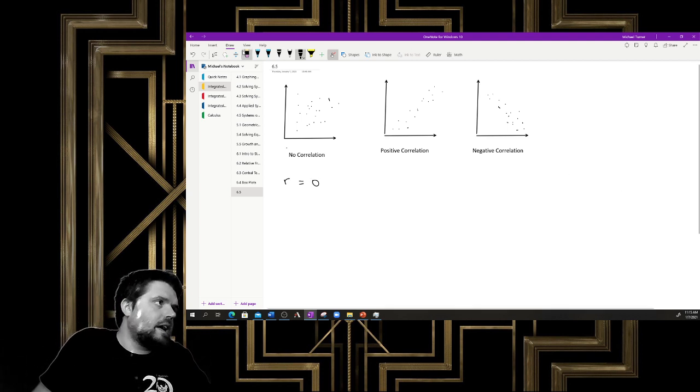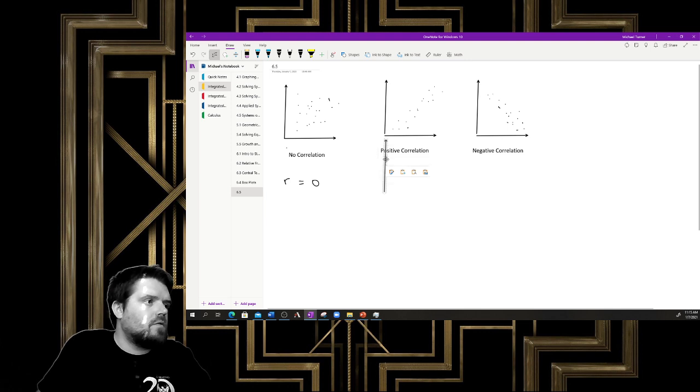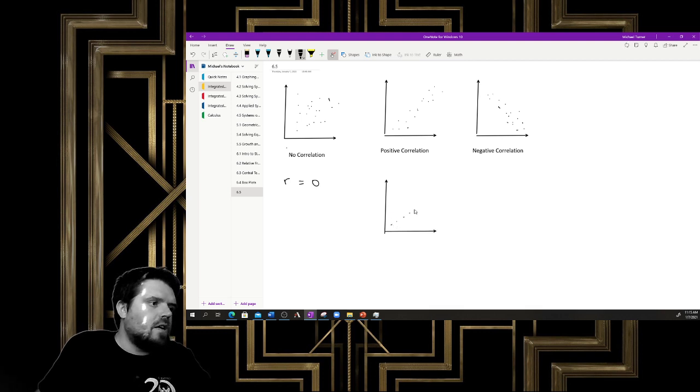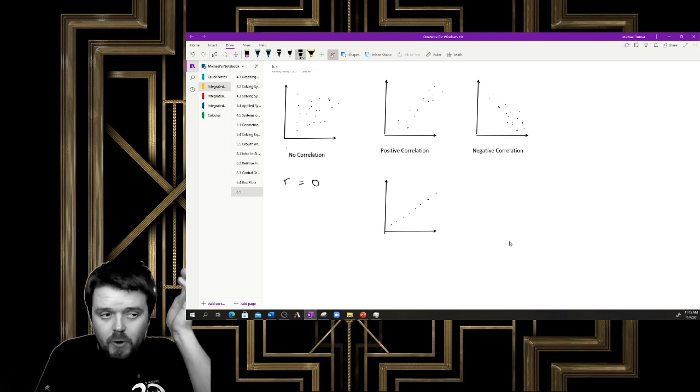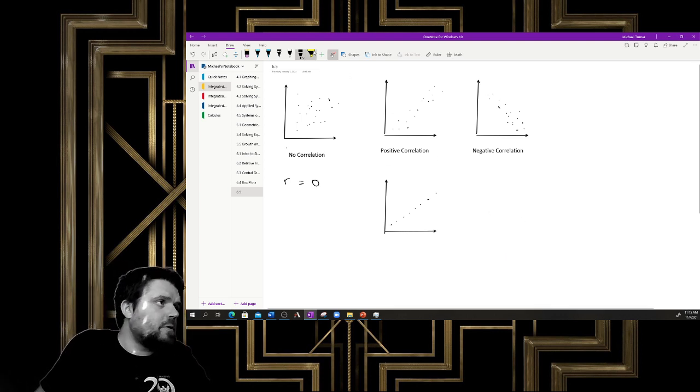If, let's say, I was able to take my two variables, bear with me here, and let's say the points were more or less almost exactly in a straight line. If I could draw a line through my points on a scatter plot and it was a perfect line, that would represent a correlation coefficient of 1.